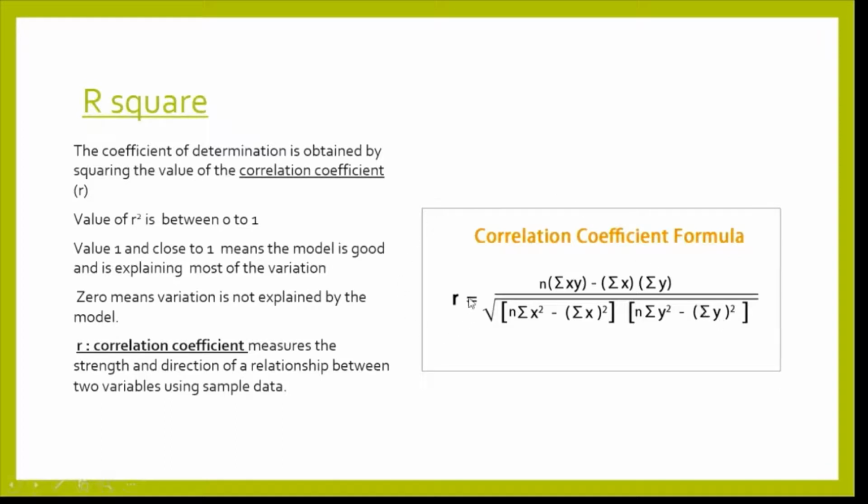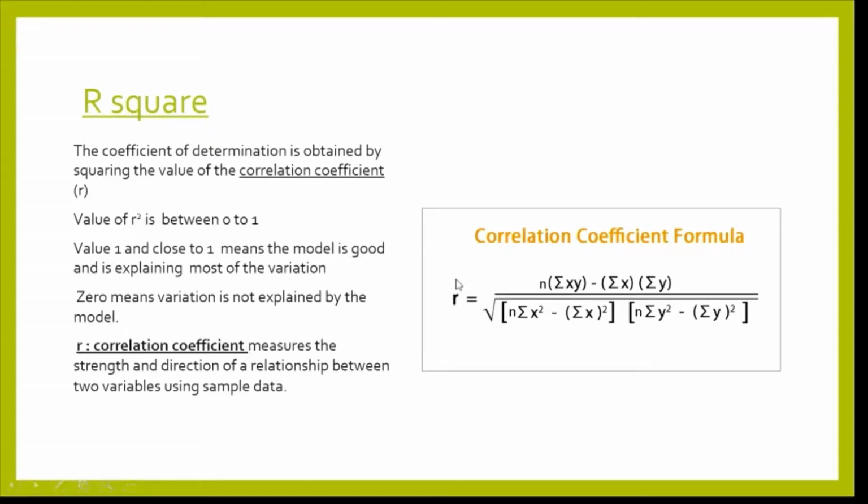Now this is a simple formula which is taken care of by the model. You don't have to go through the calculations of it, but just remember that this R is the correlation coefficient, and when you square this you will get the coefficient of determination, which will tell me the fitness of my line.